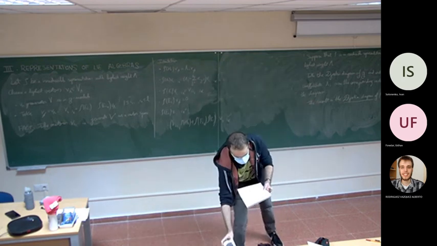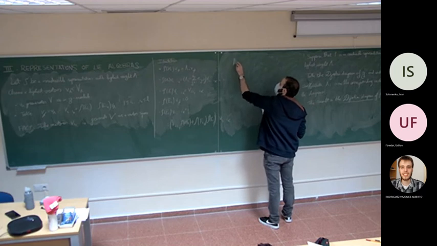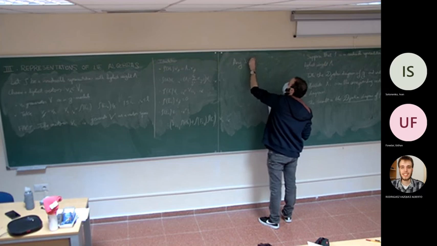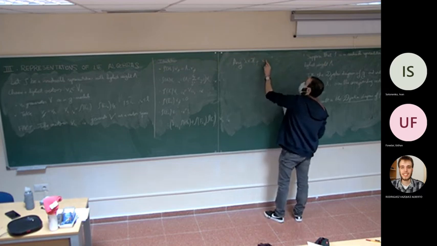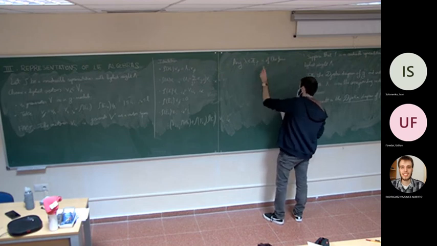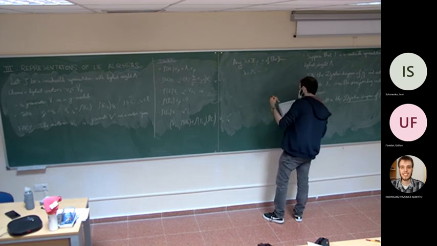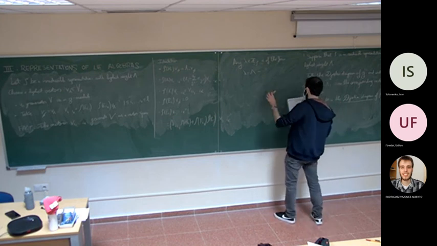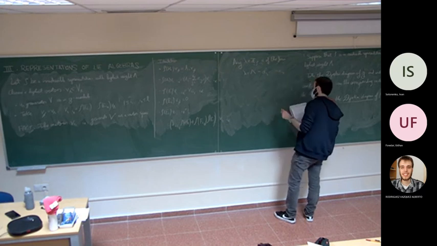That is, any element of the weight system for the irreducible decomposition is of the form lambda equals the highest weight minus a sum of simple roots, alpha_{i1} minus ... alpha_{ik}.